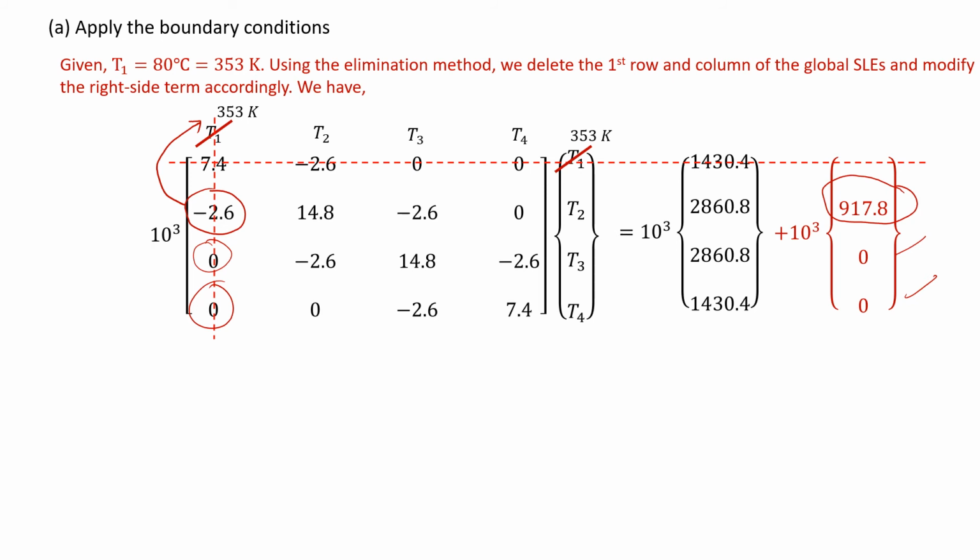Let's take out equation 2 from this matrix, which is the equation from row number 2. We bring it outside.